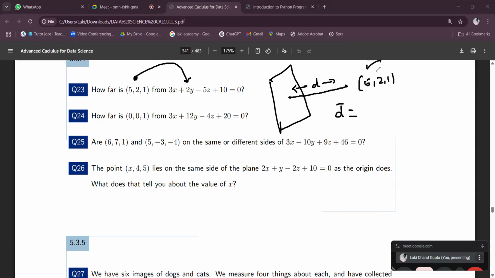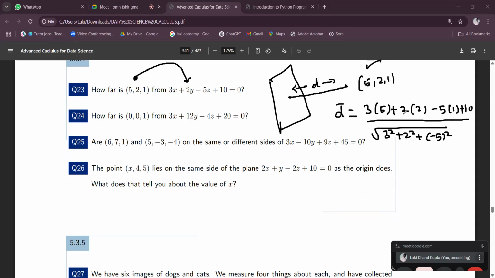Put the value of x is equal to 5, y is equal to 2, and z is equal to 1, upon square root of a square plus b square plus c square. Okay? This is not from origin. If you are finding from origin, then you put 0, 0, 0.